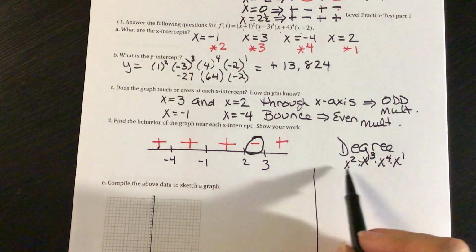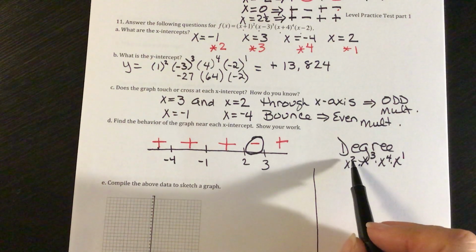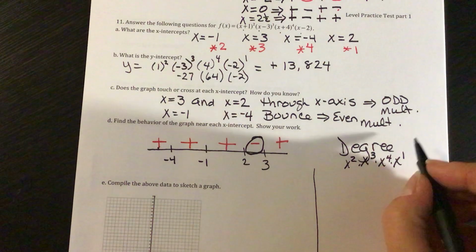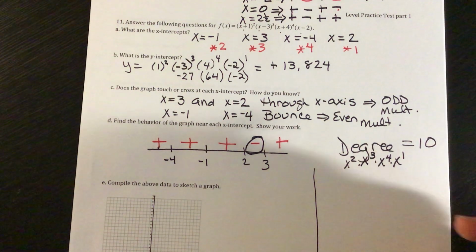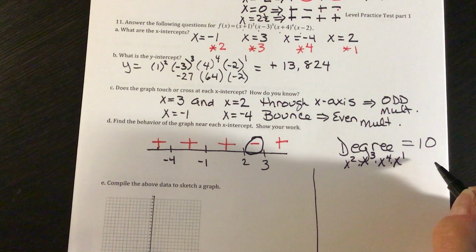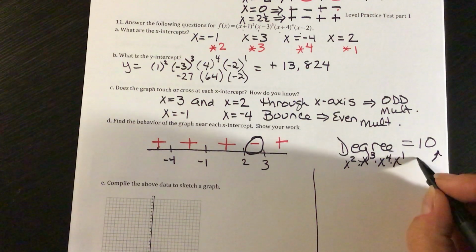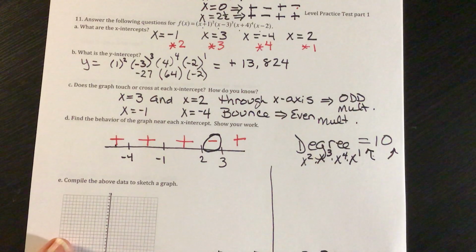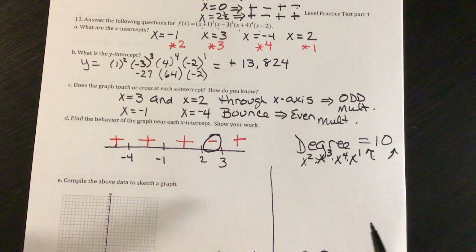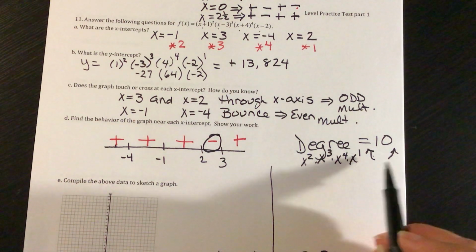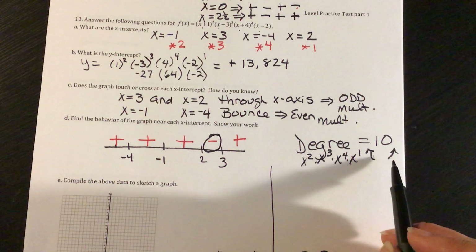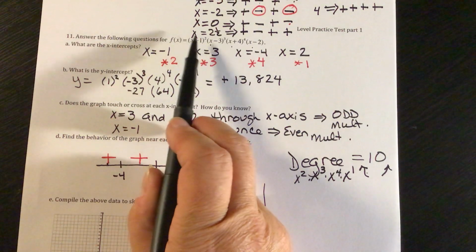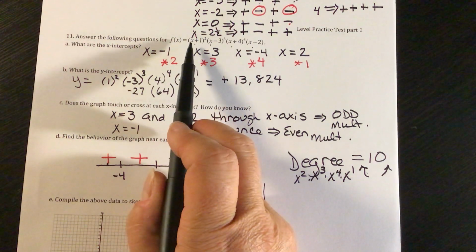So if I count how many x's are being multiplied, 2 plus 3 is 5, plus 4 is 9, plus 1 is 10. And because this is even, I'm going to have both of my ends going up to positive infinity, both ends of the function, and it's positive because my coefficient is also positive, so it's going to go up.